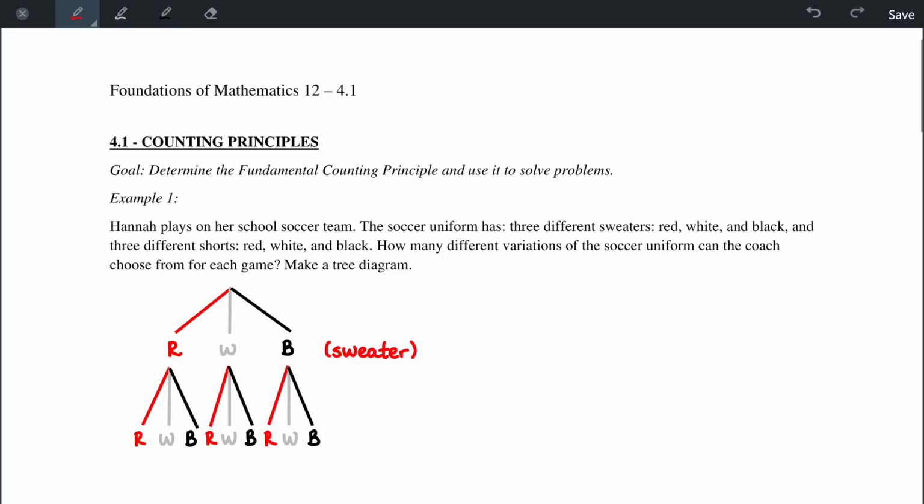Okay. So once again, these are for the shorts. So if we look at the full tree diagram, at the very bottom we have 9 different uniforms.